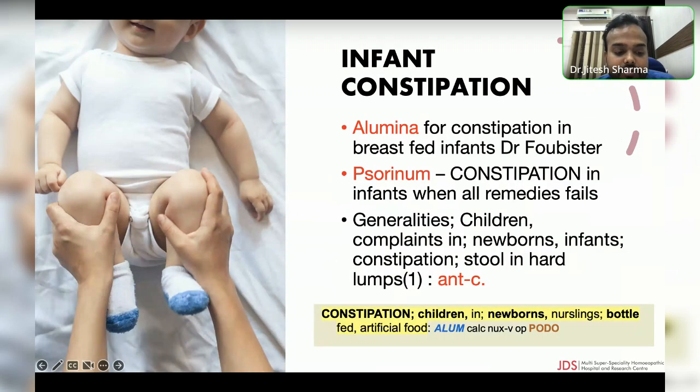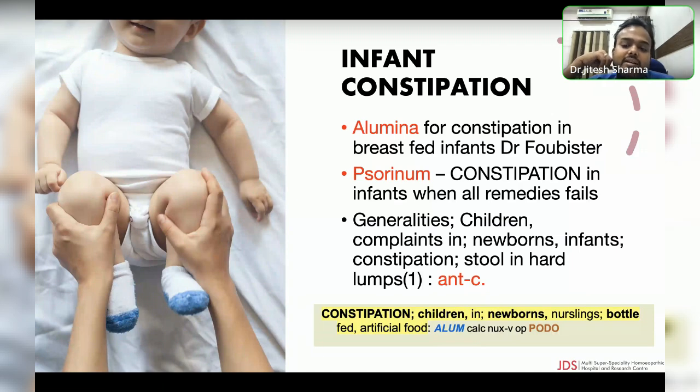Now, constipation. Alumina is for the constipation of breastfed infants. So bottle-fed, Natrum phos, and breastfed, Alumina, according to Dr. Fobister. Also, when all remedies have failed and the constipation is not at all relieving, think of Sorinum. It generally immediately relieves the constipation of infants.